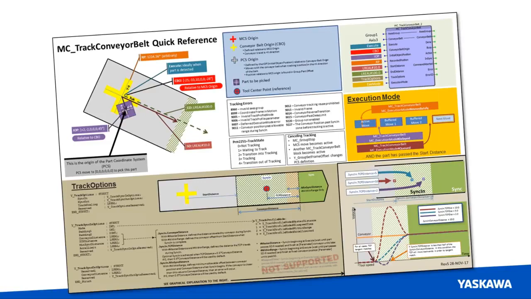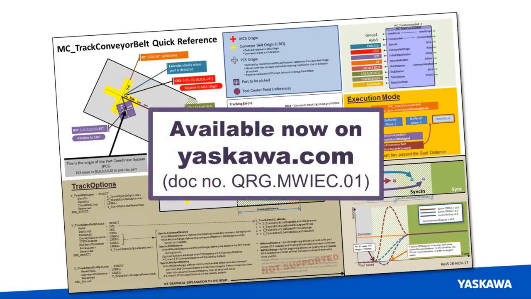It is available now on yaskawa.com, and you can see what the document number is there. But again, if you search for conveyor tracking or quick reference guide, you should find it. All of the things that are on that sheet we're going to discuss here in this presentation.